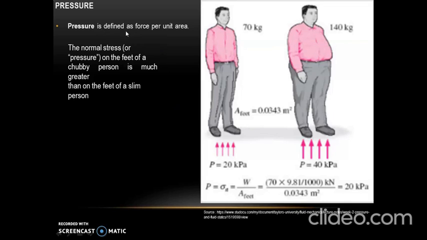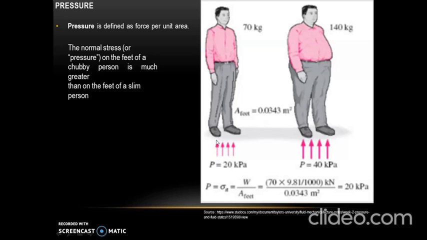We know that pressure is defined as force per unit area. Here the mass of a thin person is given as 70 kg and for a fat person it is 140 kg. Area of feet is 0.0343 square meter.